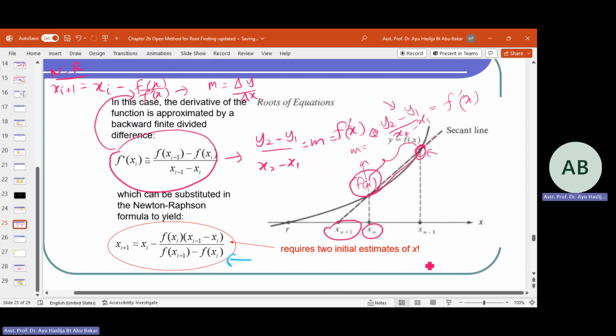So substituting this equation into the Newton-Raphson equation, it will bring you to this secant method equation. Okay, this is the rearrangement of the substitution part. So this is the final secant method equation to find the new point.